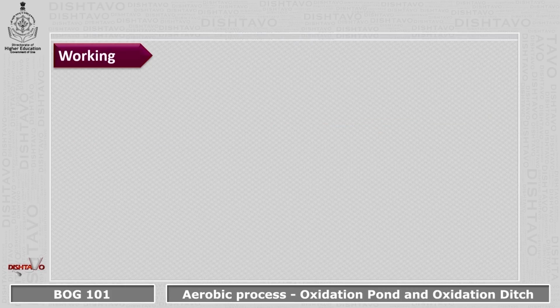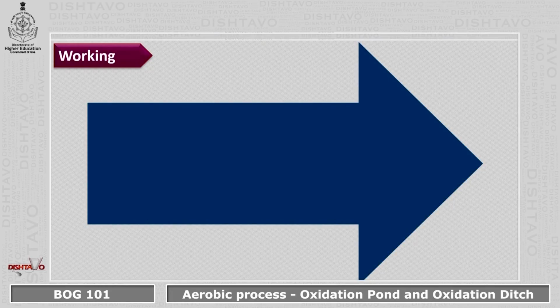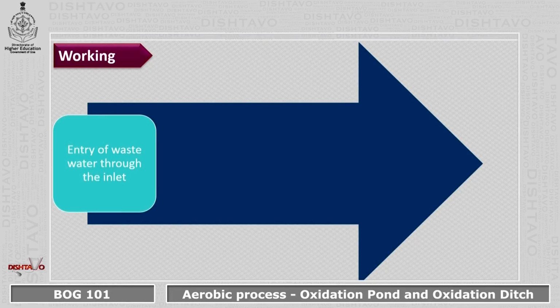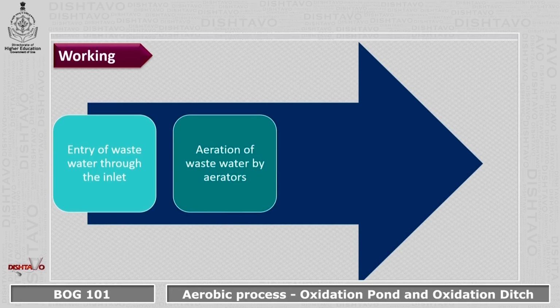Let us start with the working of oxidation ditch. The wastewater enters the system through the inlet. Being an aerobic process, here too, aeration is done by aerators or surface rotors.